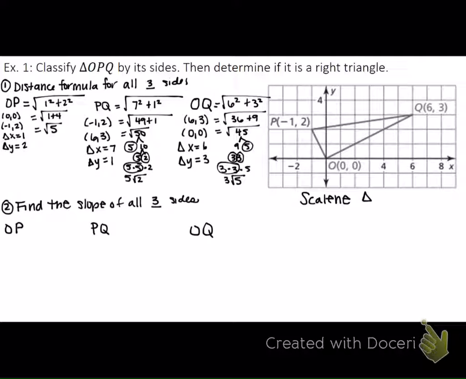So OP is 0, 0, and negative 1, 2. To find the slope, y is on top, x is on bottom, change in y over change in x, which makes it a slope of negative 2.